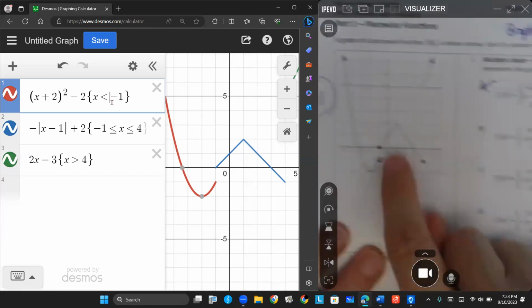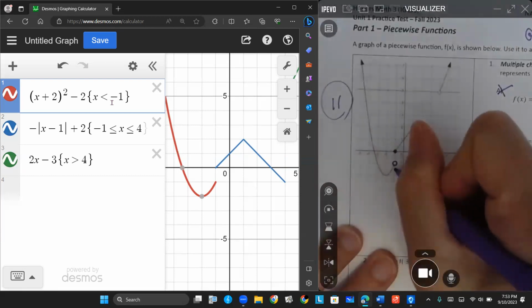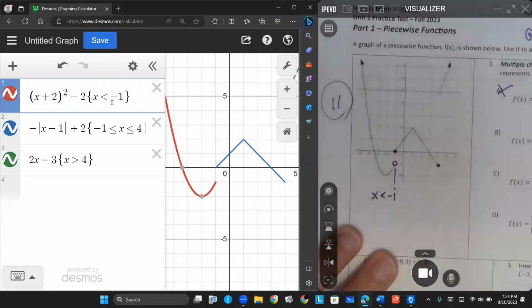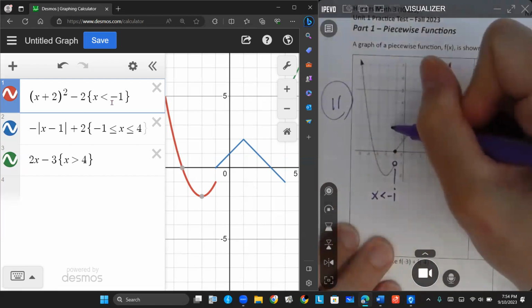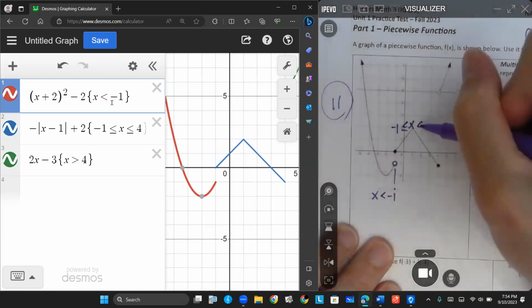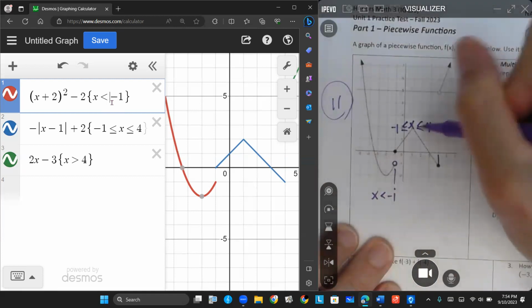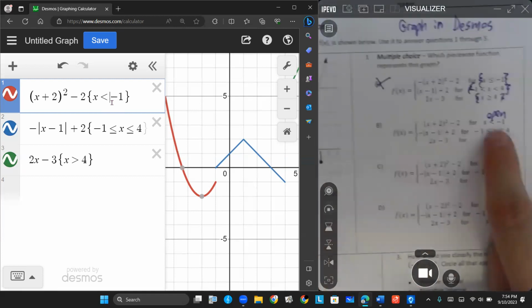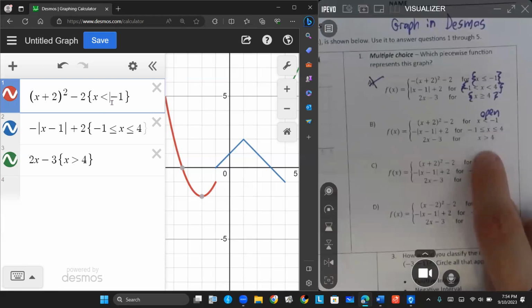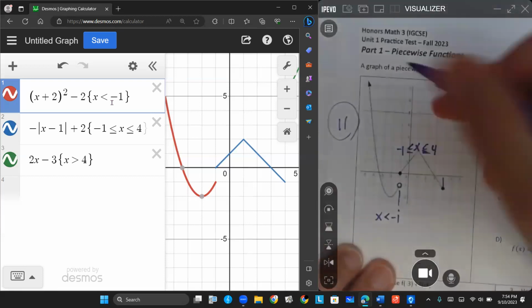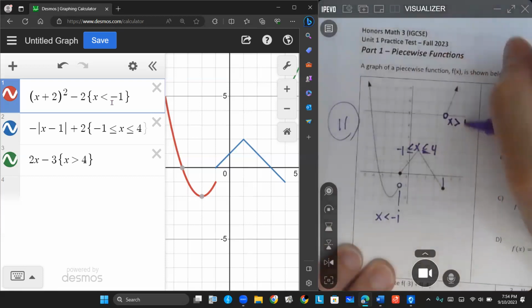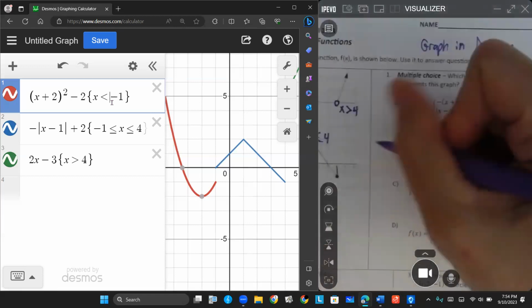So that corresponds to here. And then this is going to be -1 less than or equal to x less than or equal to 4. So that kind of matches up this option right there. And you can see here x is greater than 4, open circle. So all the signs point to option choice B.